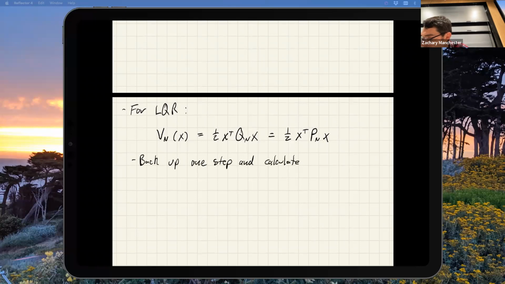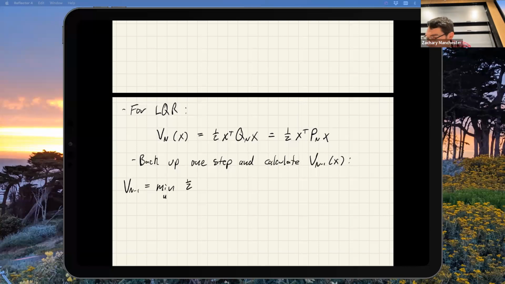So let's look at that. V_{N-1} is going to be equal to min over u, and this is u_{N-1} to be clear. It's just the one time step; I have only one control move I can make. It's the last time step before the goal.